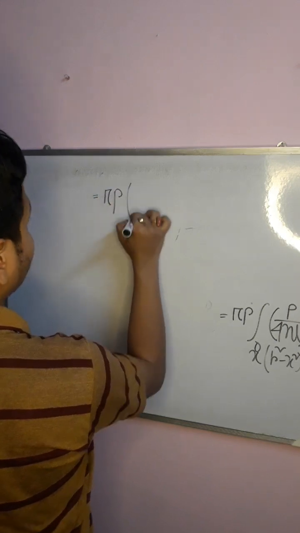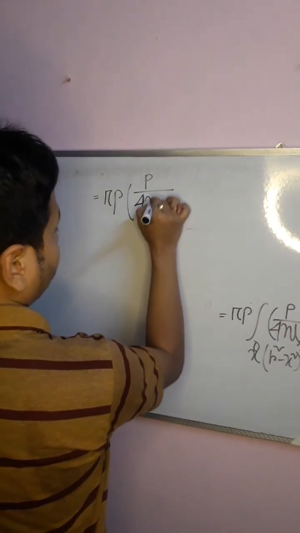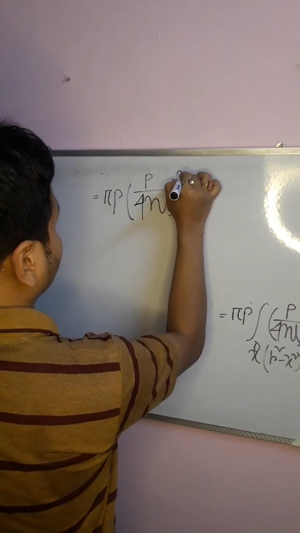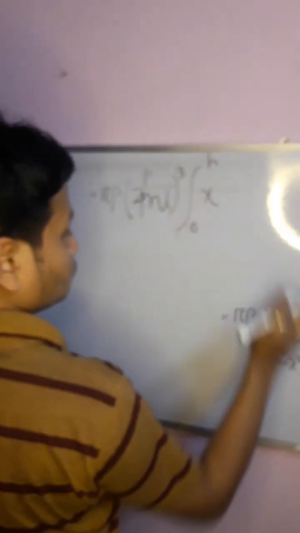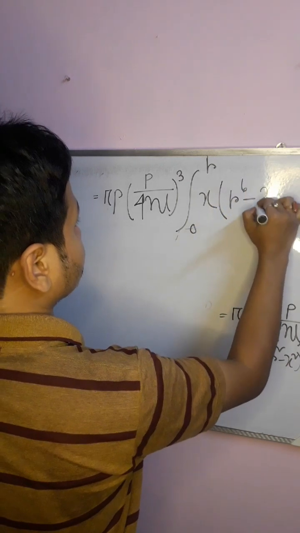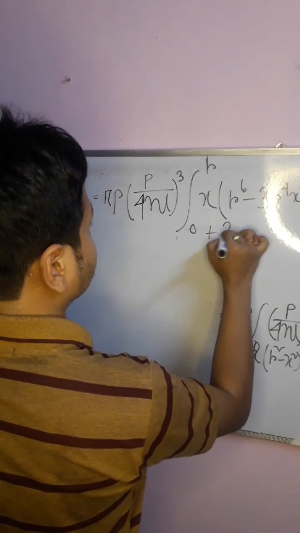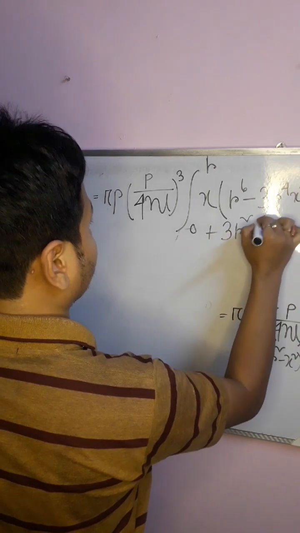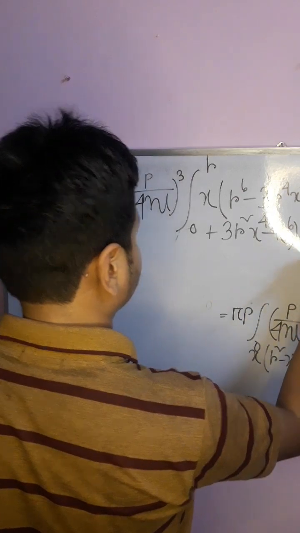That is pi rho, P by 4 eta l whole cube, integral 0 to r of x into r to the power 6 minus 3r to the power 4 x square plus 3r square x to the power 4 minus x to the power 6 dx.